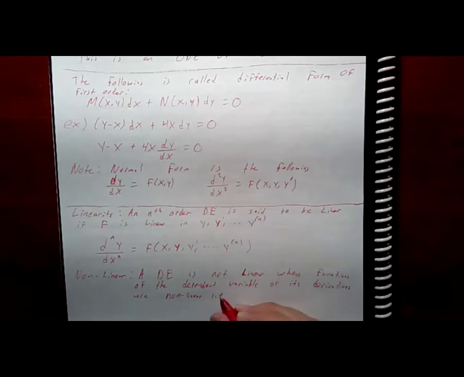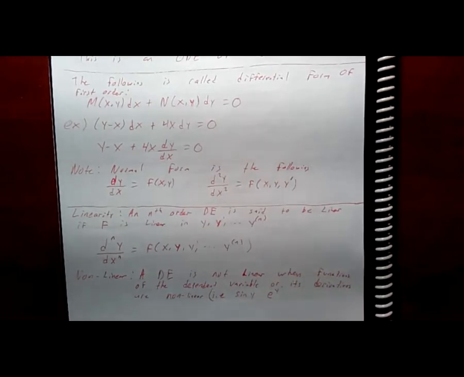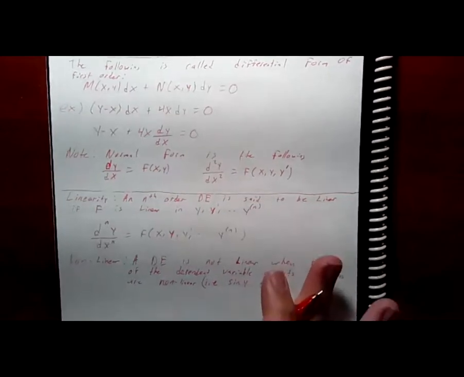That is to say, you have stuff like sine of y or e to the y prime or something like that, or y squared or something strange. Does that make sense? What linear means?